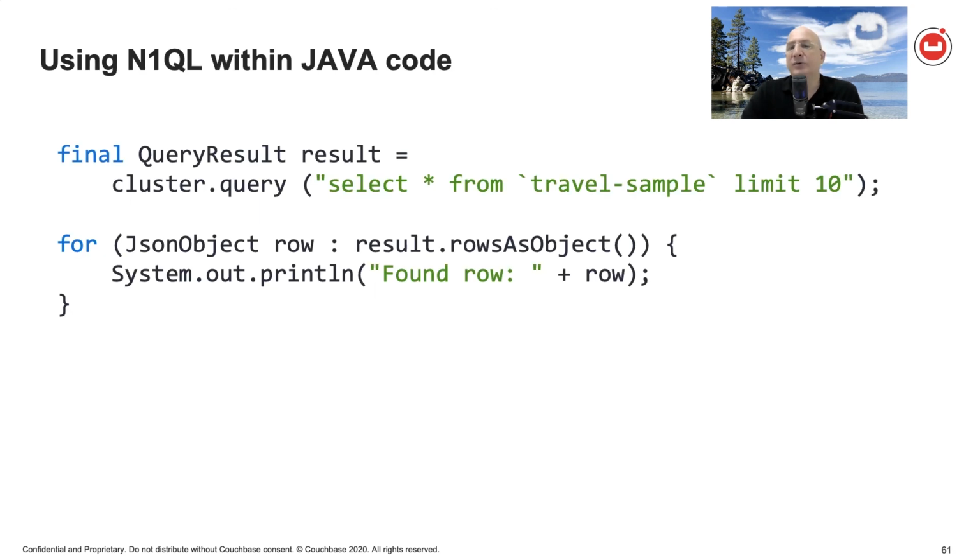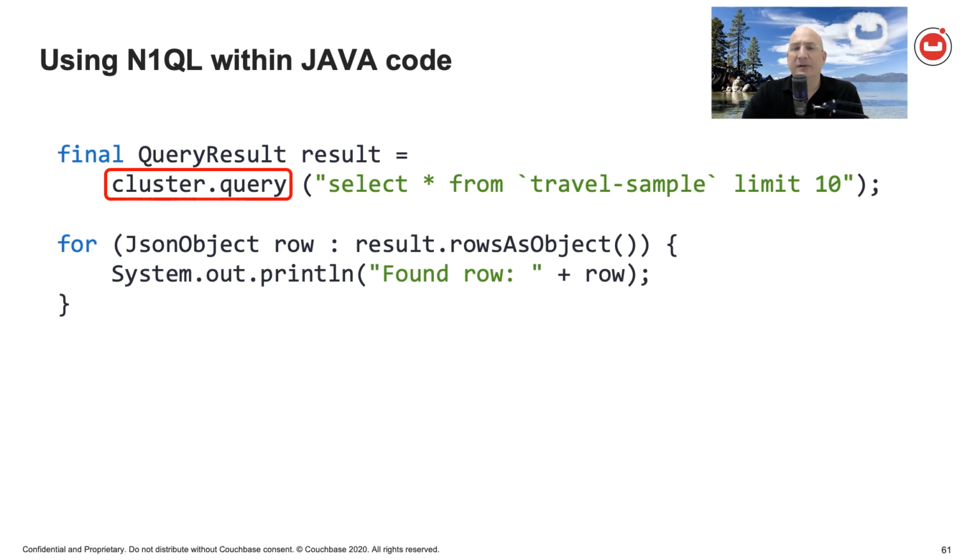Let's learn how to execute a N1QL command within a Java application. This is a code sample of a simple query execution using Java, but in other languages, it's pretty much the same idea. Let's examine it. The cluster object has a method named query that can execute any query on any bucket or set of buckets in the cluster you are connected to.